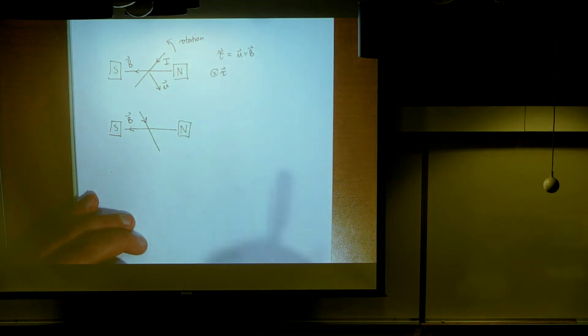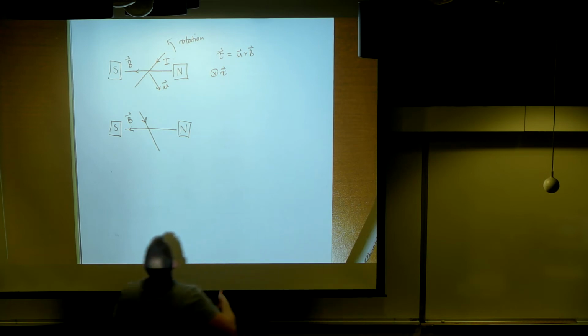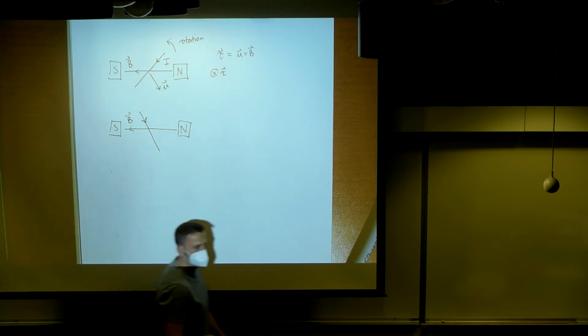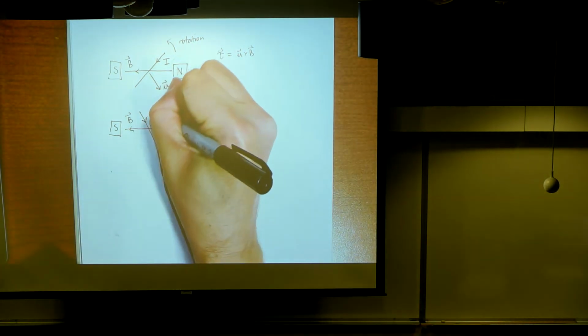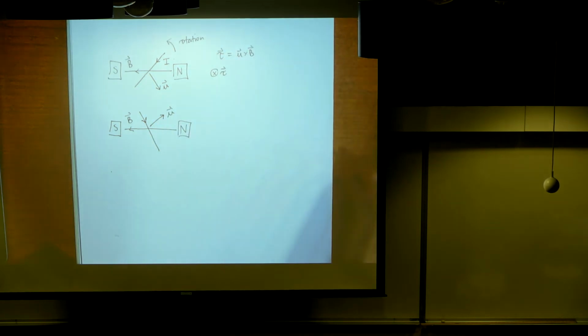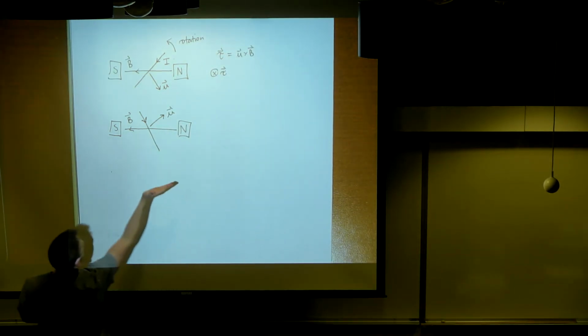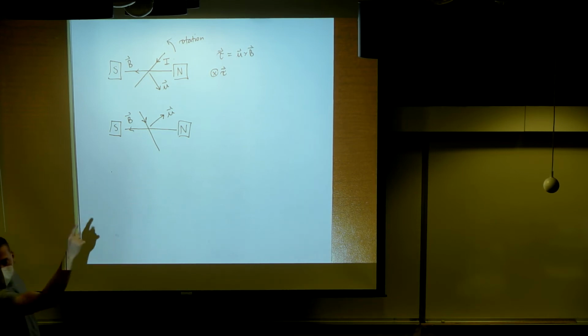All right, so what direction is our mu vector pointing now? Curl your fingers this way. My thumb is kind of going up and to the right at this point. And if we go ahead and do mu cross B, oh, thumb's coming out of the page. That's what I was trying to tell you before, right?